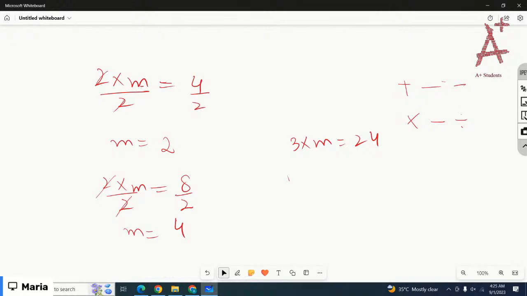So 3 is multiplying m, so opposite to multiplication is division. You have to divide both sides by 3. So 3 and 3 cancel out, and 3 times what number is 24? 3 times 8 is 24, so m equals 8, right?